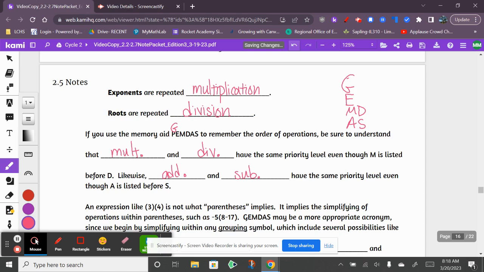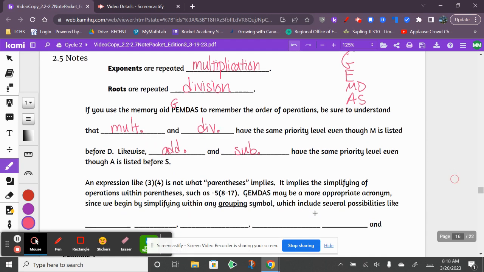An expression like 3 times 4 written with parentheses is not what we mean by grouping. When we look at these parentheses here, those imply multiplication. So this would still be considered multiplication, not the use of parentheses. If we actually have parentheses like this that group subtraction together, then we will consider parentheses as a grouping symbol.